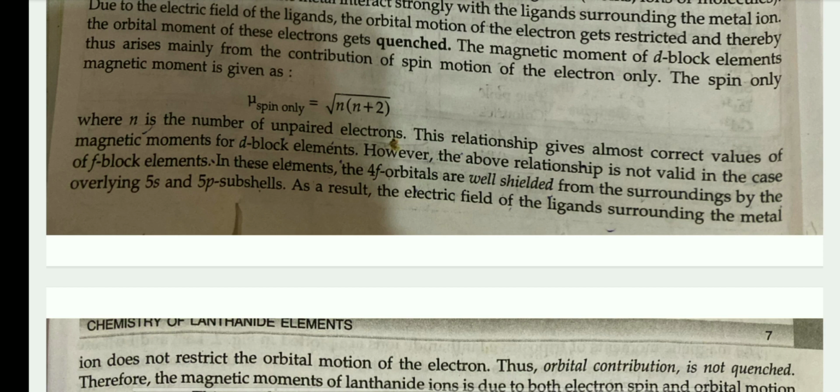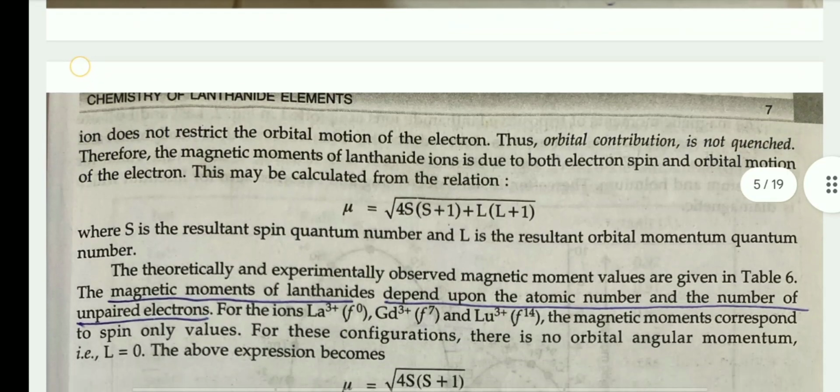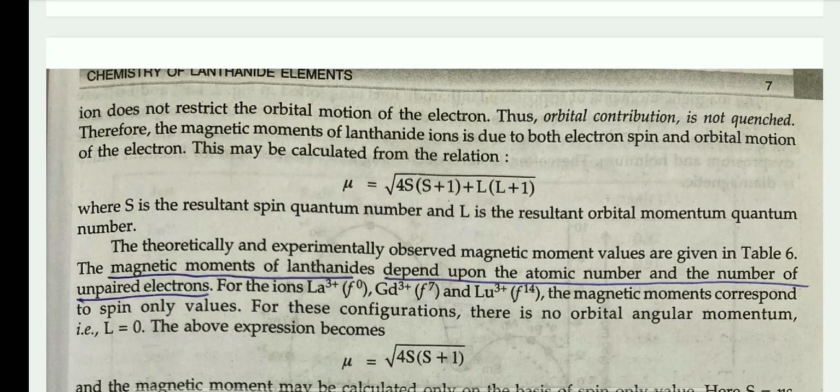However, the above relationship is not valid in the case of f block elements. In these elements, the 4f orbitals are well shielded from the surroundings by the overlying 5s and 5p subshells. As a result, the electric field of the ligands surrounding the metal ion does not restrict the orbital motion of the electron. Thus, the orbital contribution is not quenched. Therefore, the magnetic moment of a lanthanoid ion is due to both electron spin and orbital motion of the electron.